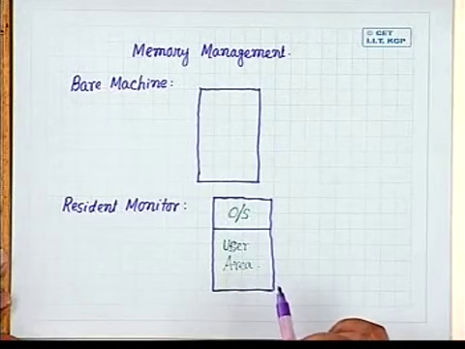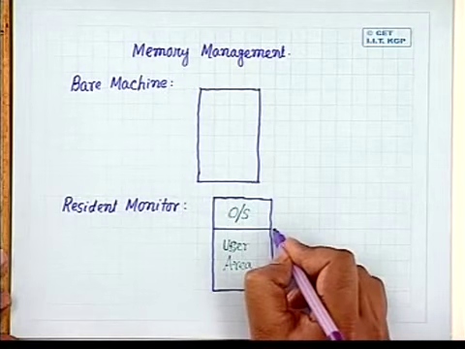To avoid that problem, we must have some protection. Whenever some user program is executed, we must ensure that it is not permitted to access the operating system part. But the operating system, because it monitors the entire computer, can have access to the user area. So, what we have to have is some sort of fencing.